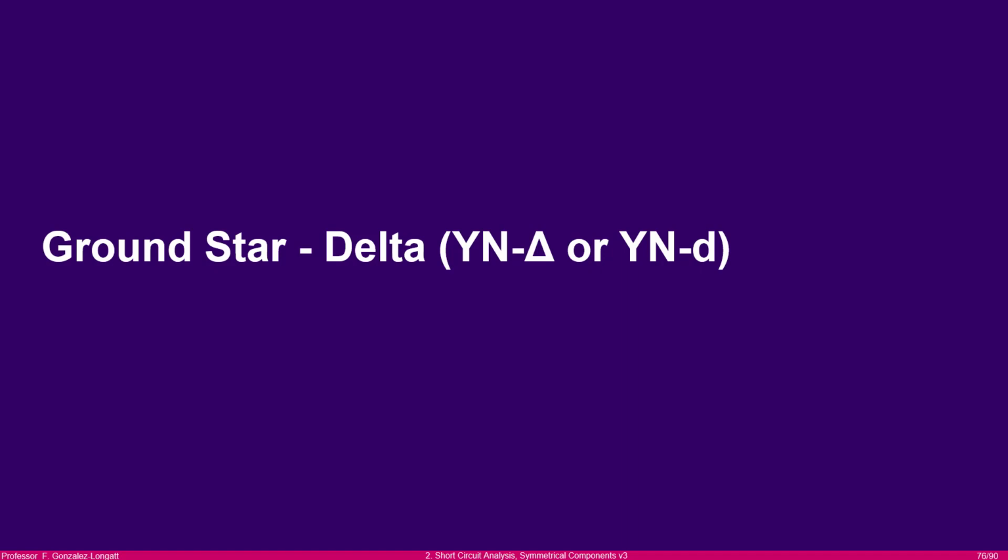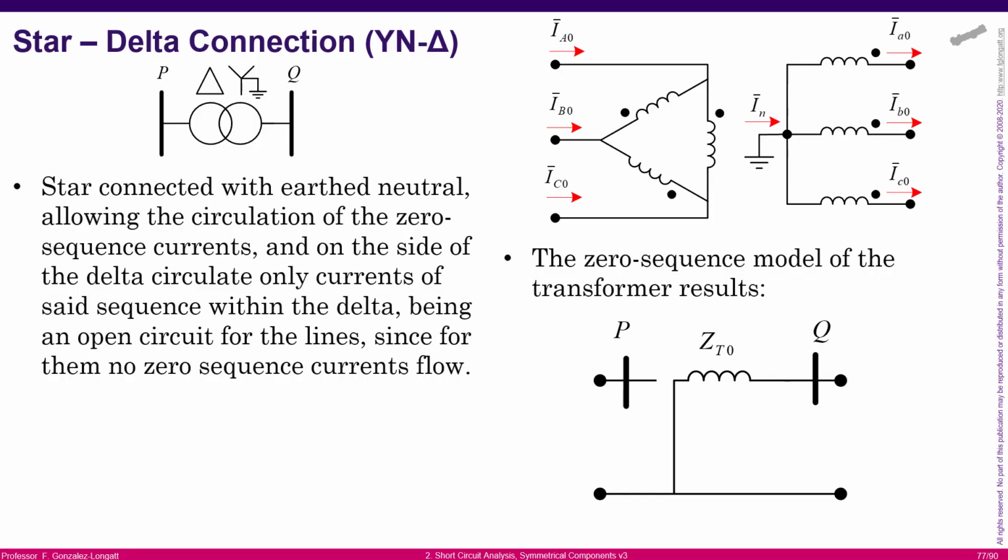Now let's talk about the star-delta connection. But in this case, we assume that the star connection has the neutral point connected to the ground. If you are with me, you can see here we have a transformer.